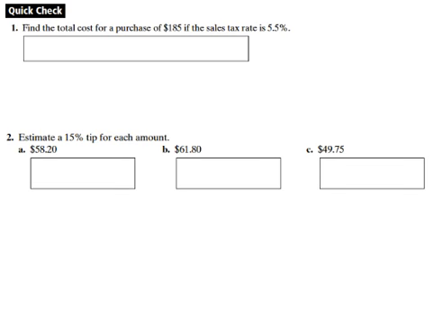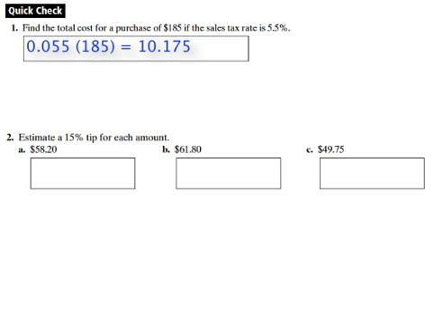Let's try quick check number 1. Find the total cost for a purchase of $185 if the sales tax rate is 5.5%. We'll start by taking 5.5% of 185. We change the percent to a decimal, so 0.055 times 185 is 10.175.